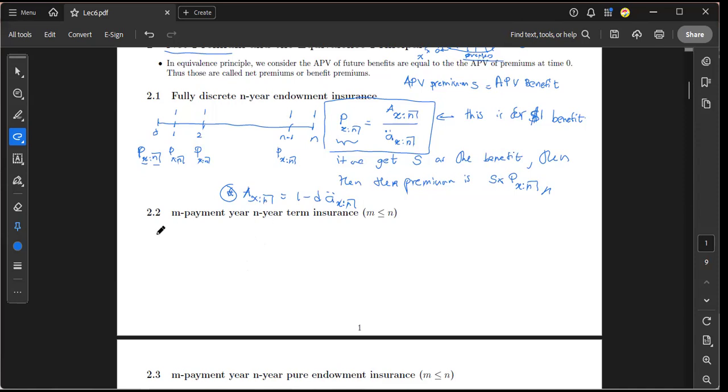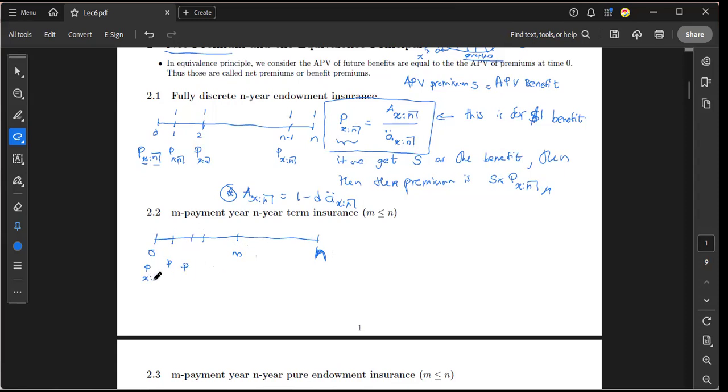So in this case, we have n years of coverage, but the premium is being paid only for the first m years. That means we pay a premium at this point, a premium at this point.